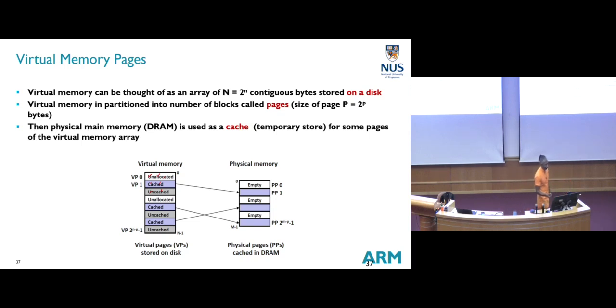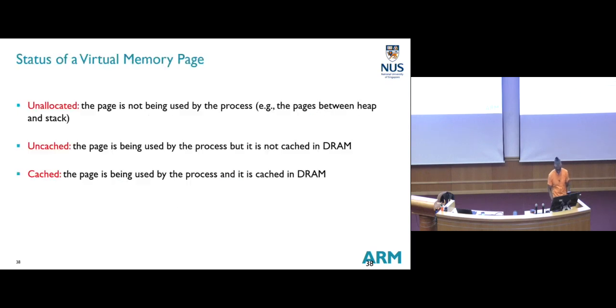For example, this is virtual page 1, and it is currently cached to physical page 1. It doesn't have to be the same number, it could be any number. It could be virtual page 2 mapped to physical page 10. We can map to anything as long as we keep track of the mapping.